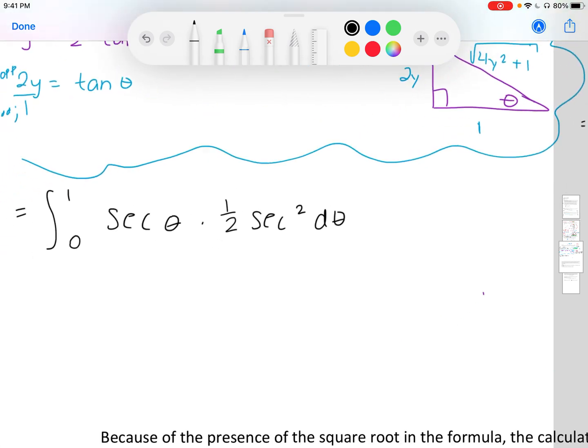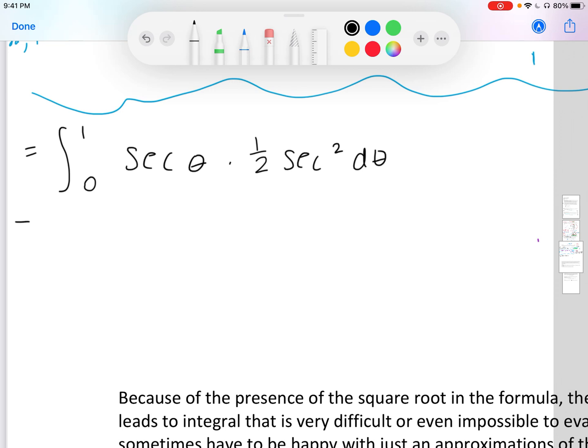Okay, let's continue to integrate. Let's pull out that 1/2 constant. We have secant cubed theta d theta. This is a problem we've seen before. To save time, remember that to integrate it, you have to use integration by parts.